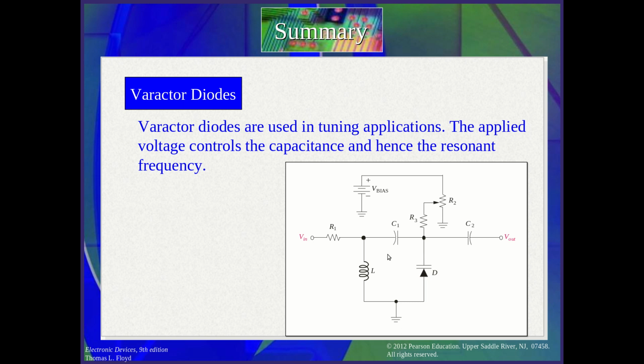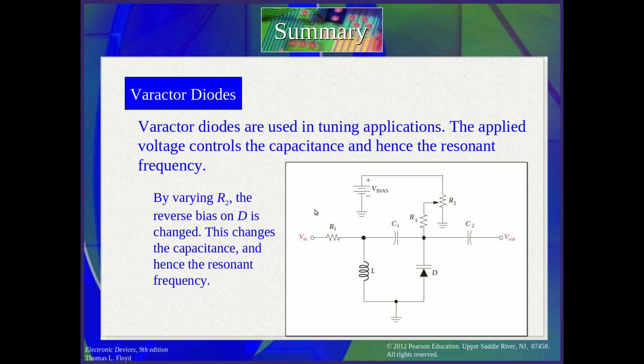Because of the change in the capacitance of the varactor, there is a change in the resonant frequency. We do this by varying R2. Here they change R2, so it affects the reverse bias, the voltage across the varactor. Then this changes the capacitance of the varactor and changes the resonant frequency.